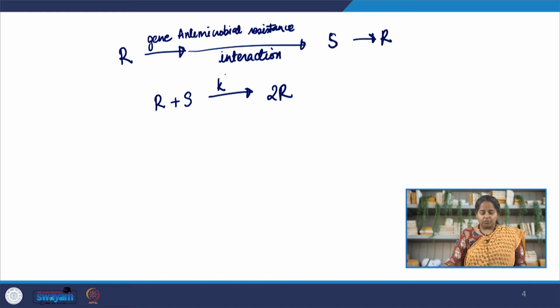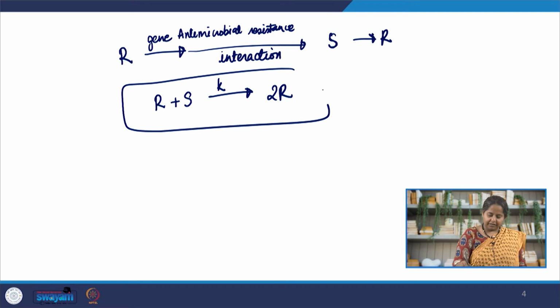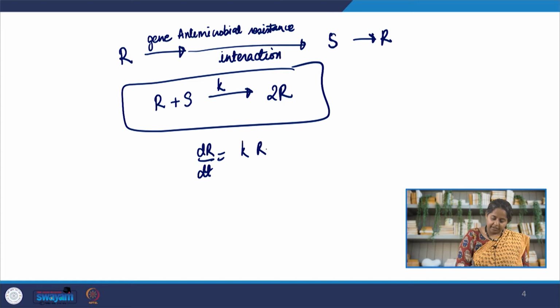All right. Now, this model definitely uses this principle. In chemical kinetics, the way we understood this was that the rate at which dR by dt is changing with time is equal to KRS. There is no backward reaction in this case.